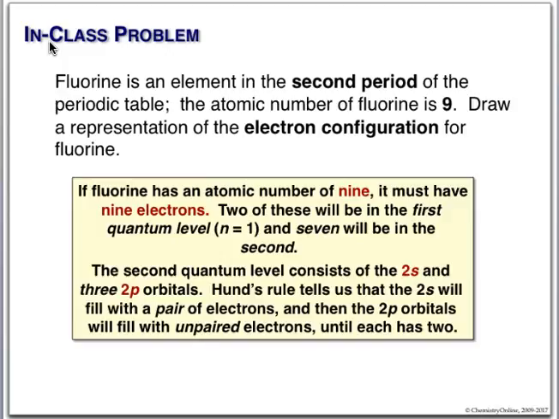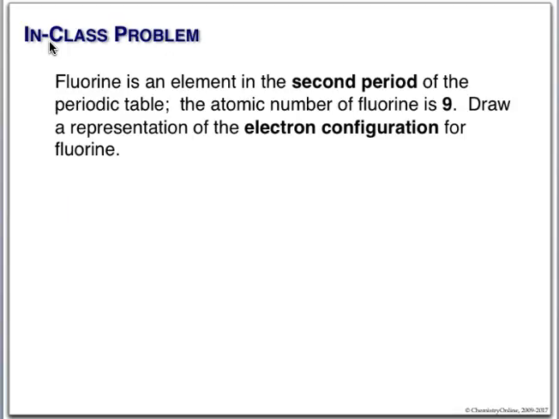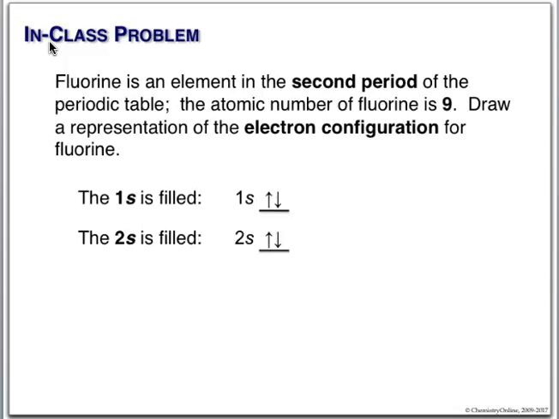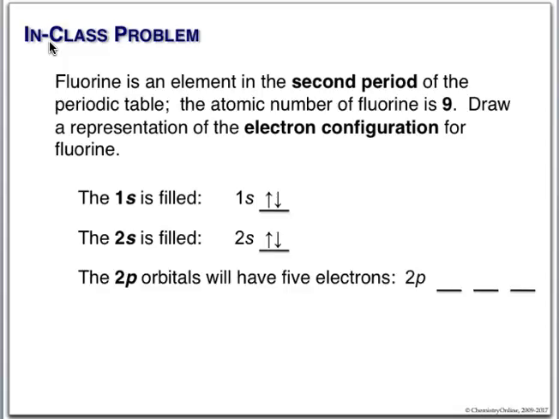Hund's rule says they must go in one at a time with the same spin, and then you start to pair them with opposite spins. So, 1s is full, 2 electrons. The 2s is full, 2 electrons. A 2p. Now we're going to have 5 electrons in here, right?